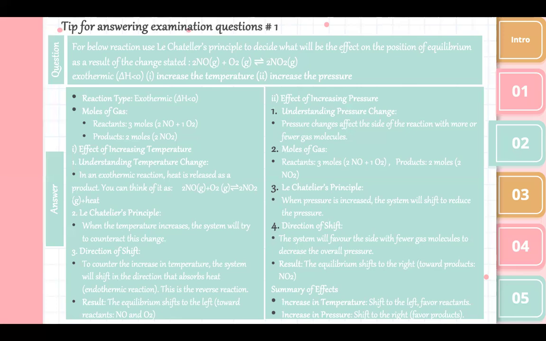The system will favor the side with fewer gas molecules to decrease the overall pressure. As a result, the equilibrium shifts to the right towards the product. Summary of the effect: when there is an increase in temperature, it will shift to the left, favoring the reactants. But when there is an increase in pressure, it will shift to the right, favoring the product.